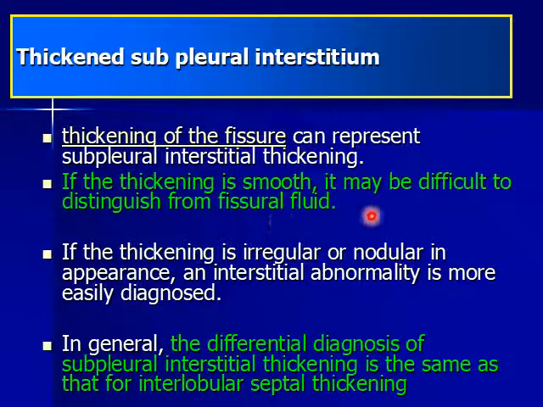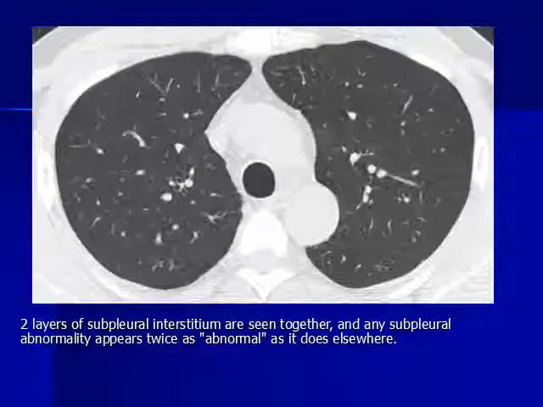If the thickening is smooth, it may be difficult to differentiate from fissural fluid. If the thickening is irregular or nodular in appearance, interstitial abnormality is more easily diagnosed. In general, the differential diagnosis of subpleural interstitial thickening is the same as that of interlobular thickening.